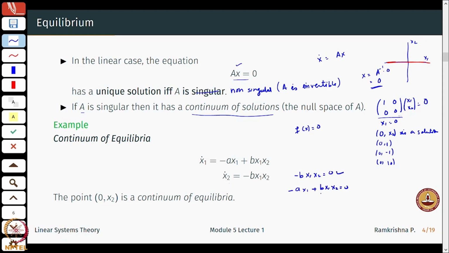From here I already know that b x1 x2 is 0, therefore I am left with just minus a x1 equal to 0, which means that x1 equal to 0. This is the only thing that I can derive, and therefore 0 and any x2 is an equilibrium point for this system, and therefore this system also exhibits a continuum of equilibria.